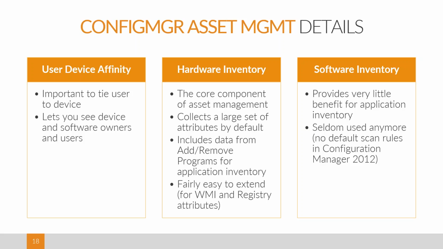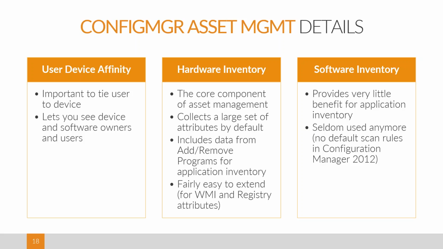Because again, your end users don't always know what their computer name is or how to find it. A lot of times organizations will have some asset number that they use or just a naming scheme. It's not Wally's PC. It's going to be something more like ABC123 is the computer name, and that may not be easy for an end user to figure out. That lets you see the device and software owners and users.